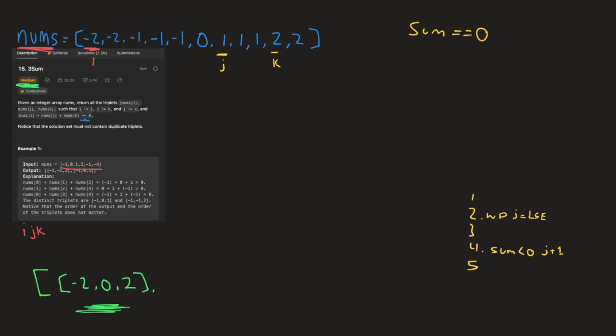Directly after we push a triple, we make sure J is set to the last value of the type that it was pushed, and right after that we increment J by 1 and decrement K by 1.